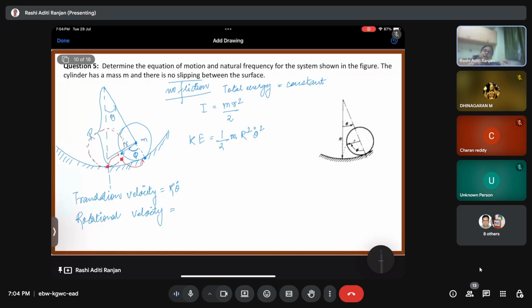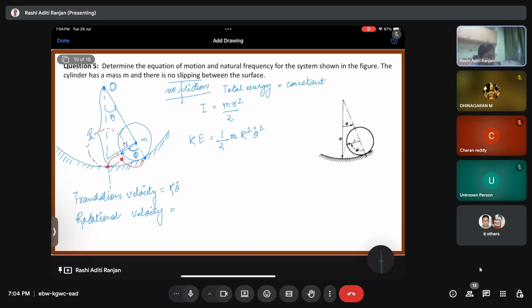But in this case, the center is rotating about a point capital O. So we need to define the velocity with respect to the center point, because the center is also moving. It is a relative velocity.